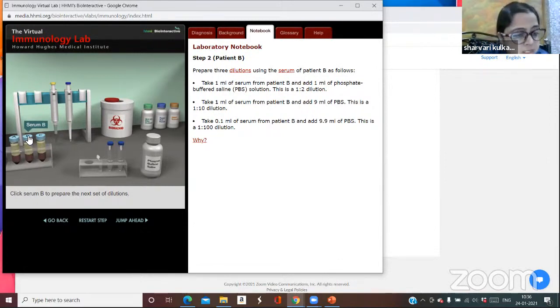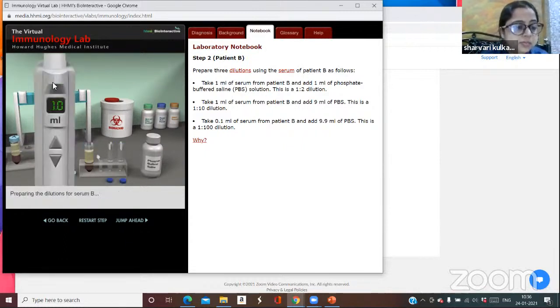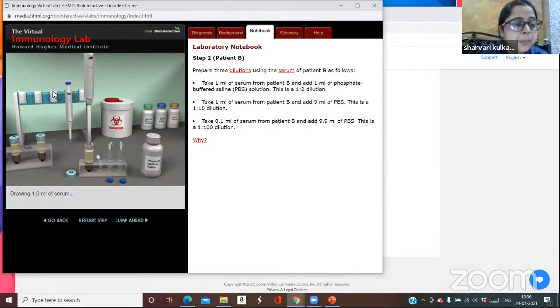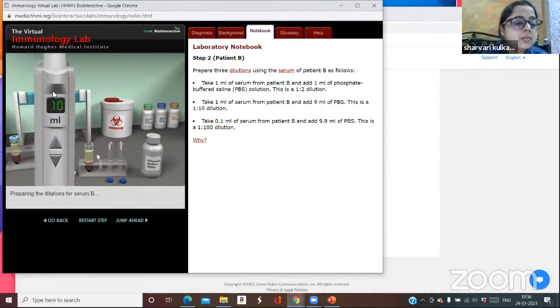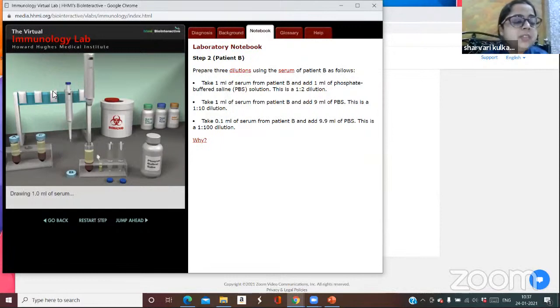Now we'll click on serum B and we will prepare similar dilutions. It is preparing dilutions for B. Now it will not pain us more.